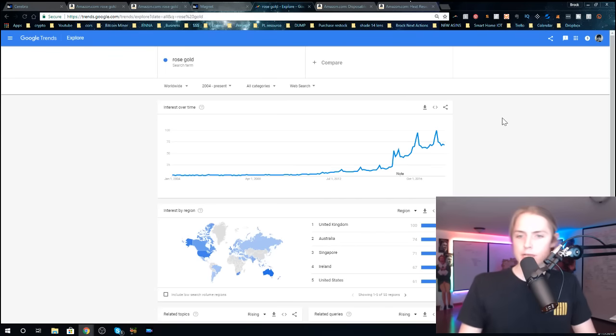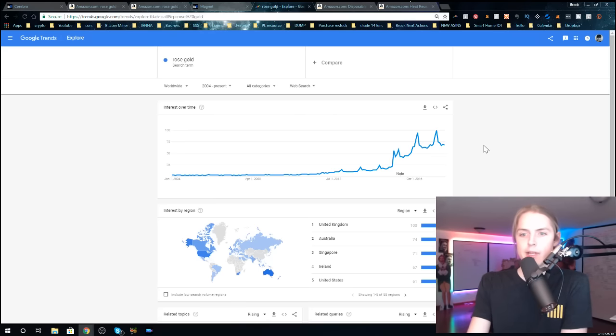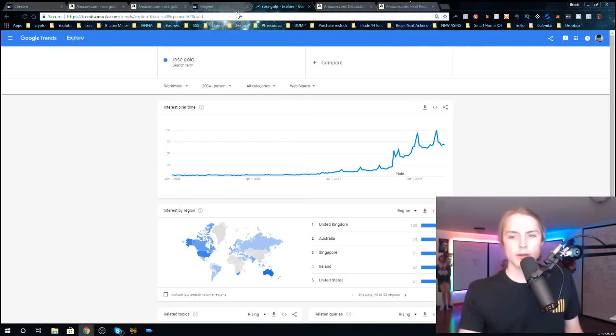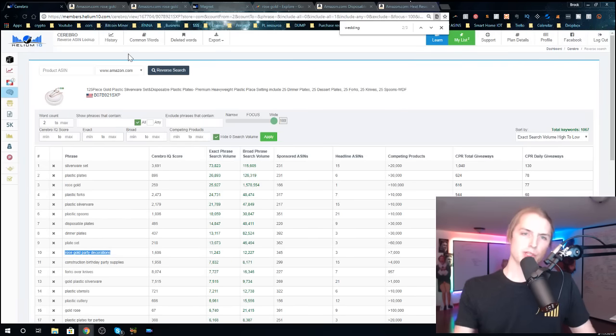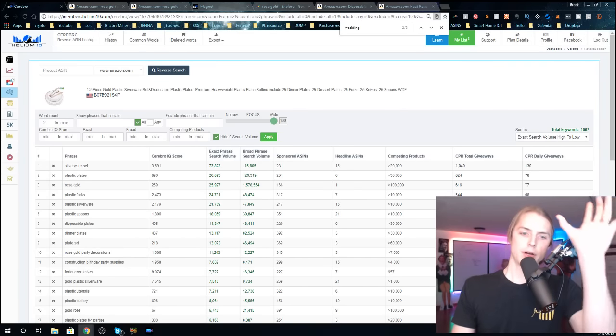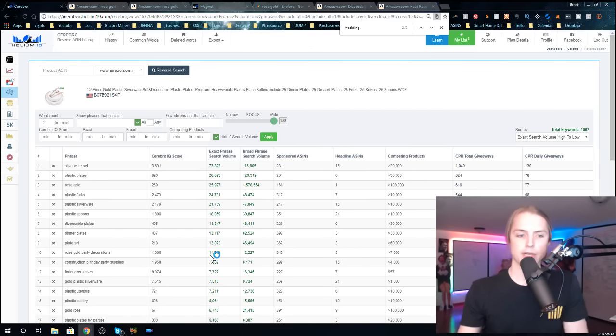Okay, yeah, this is what I like to see. So the term rose gold is something that is trending up, or if not, it's relatively new. Well, it's a couple years old here, but when we're typing in, we're finding from the Cerebro here that there is an unordinary amount of searches compared to the amount of products being offered.